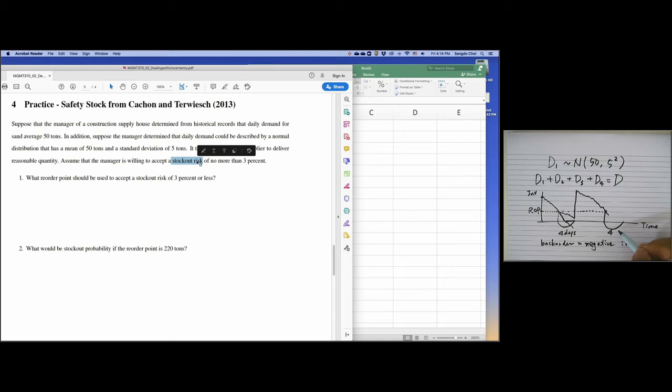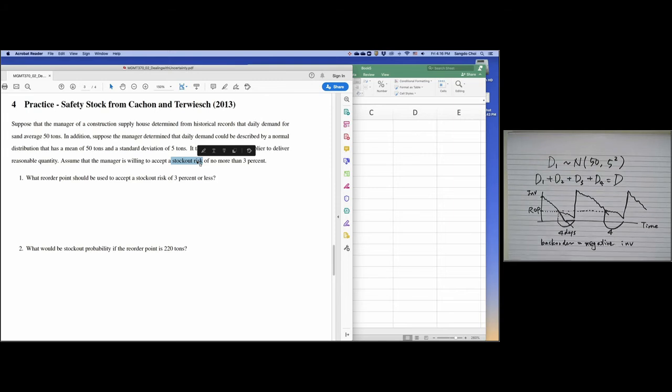This is the delivery date, and during this time your demand looks like this, and you receive another inventory here. This is the inventory profile, meaning you have to manage your inventory. Every time you have to decide your reorder point to satisfy your customer service. For this case, your stock out risk should be less than 3%.